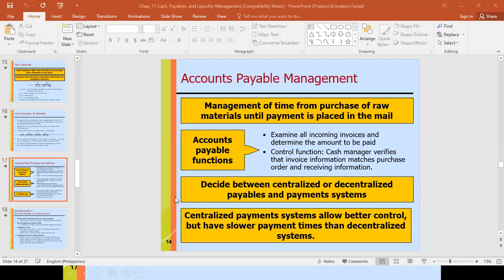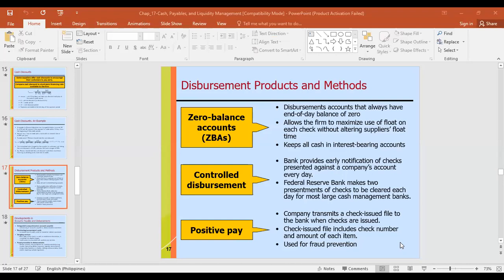Another one is for that. Let's go back. So this is used for fraud. Okay. So this is also one thing that we should remember about positive pay. And we have here again, so we minimized our slide so that we can see the sentence at the bottom. Why is this going to prevent fraud or used for fraud prevention?